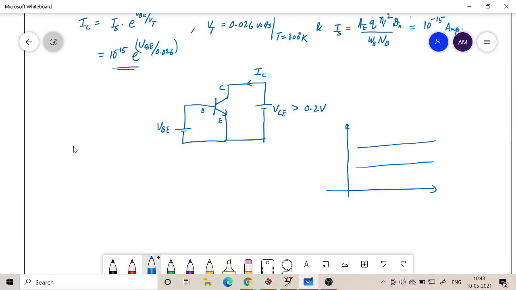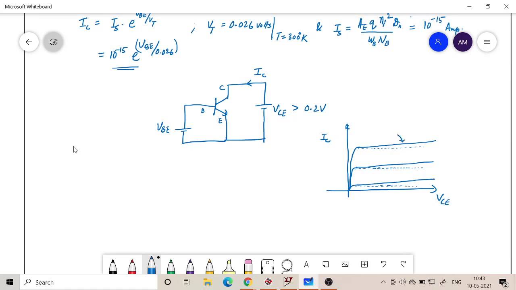It's not entirely flat or horizontal. There is an increasing slope. As VCE increases, IC varies in a very small way, but there is a dependence. This is not completely flat. That is ideal, but in practice we will get a non-zero slope. Zero slope means completely horizontal, but in practice we will get a slight slope.